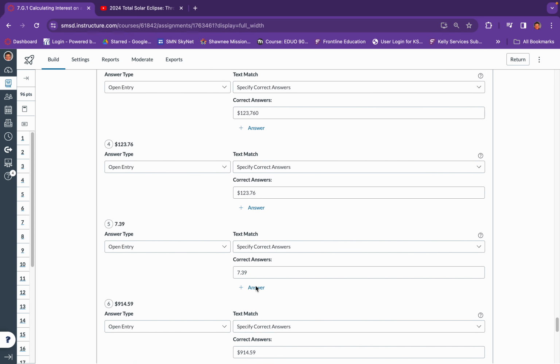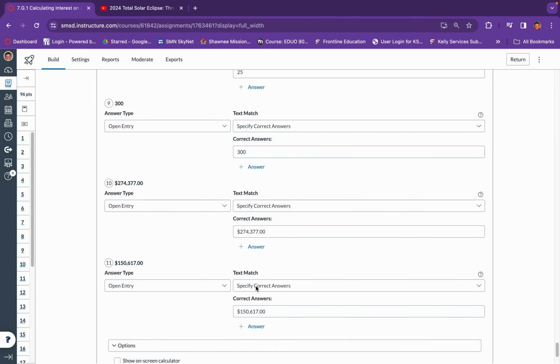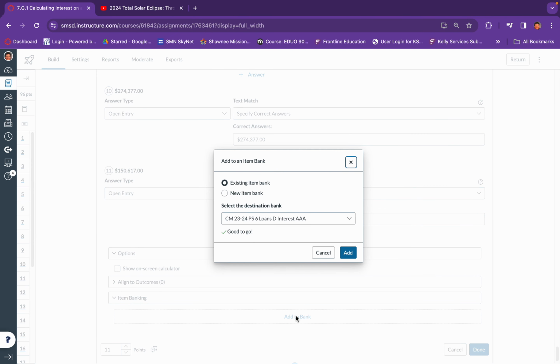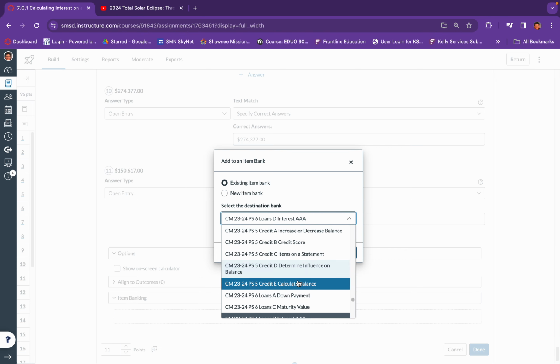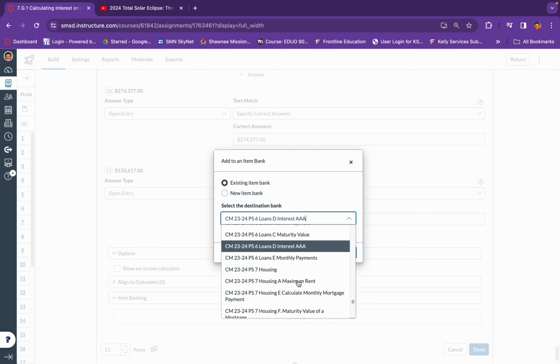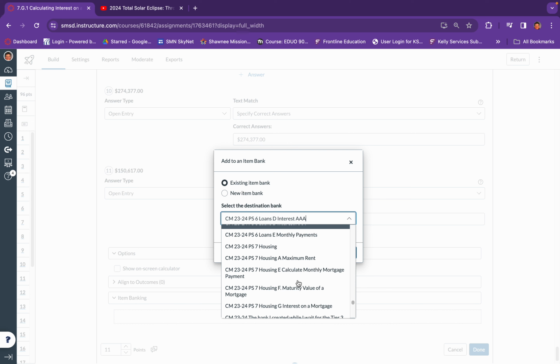So all that goes there. These are all good. So then we go down to item banking, and we have it as an existing item bank, and it is this item right here that I put in.